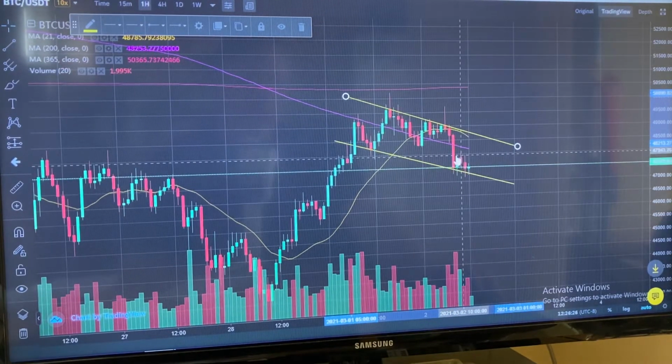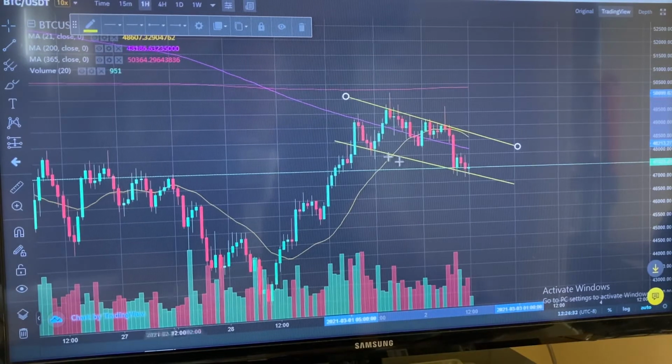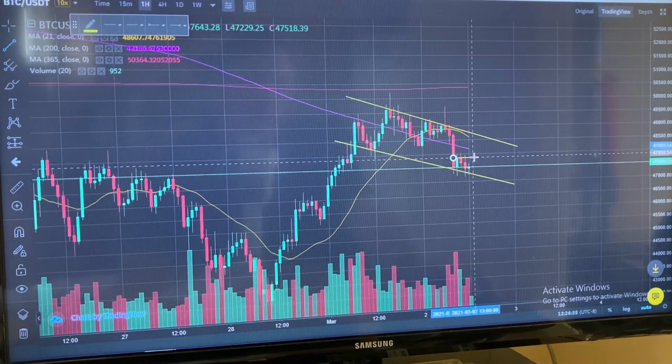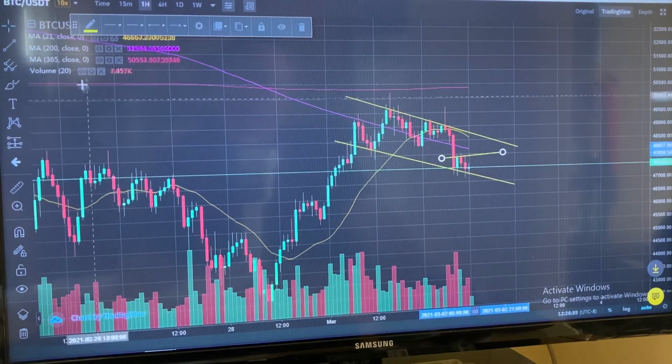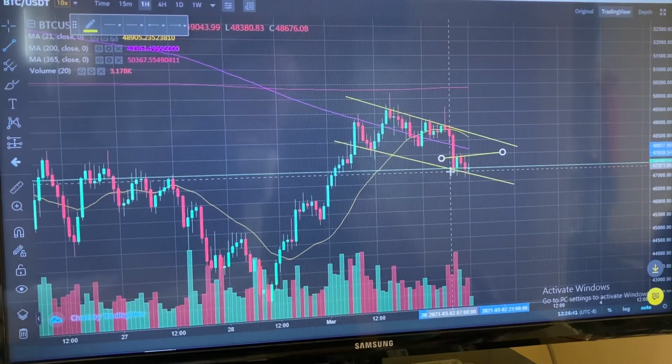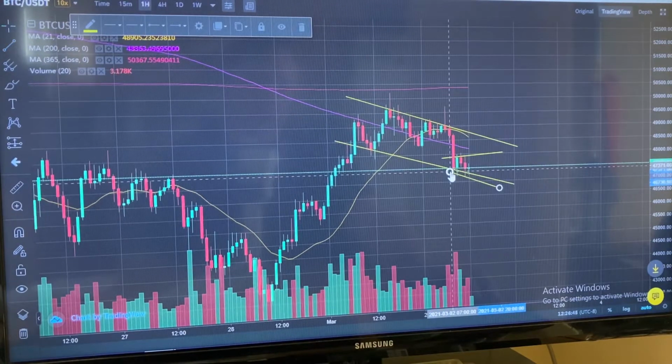Okay. Now we also have this little pattern here forming, and we'll draw. Let's go on the wicks.